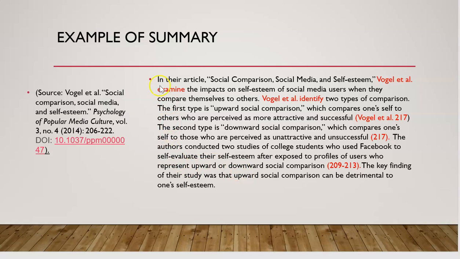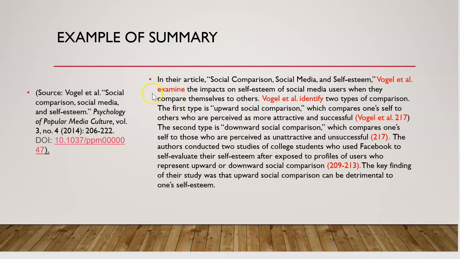Okay, so again, the article was over 10 pages in length, so I'm trying to condense everything that was mentioned in that paper to one paragraph. So again, you really need to just pick up what you think is the most important information in that article. So what it is that they're examining, the purpose of that article.